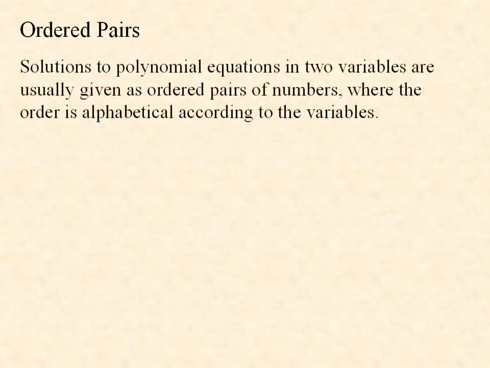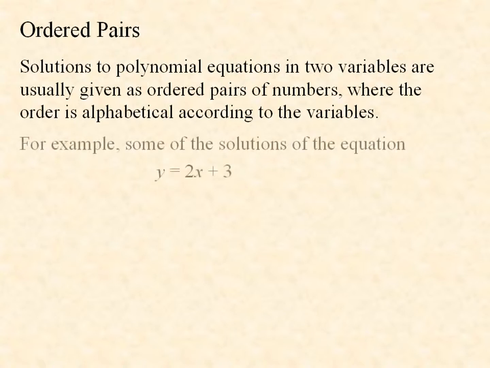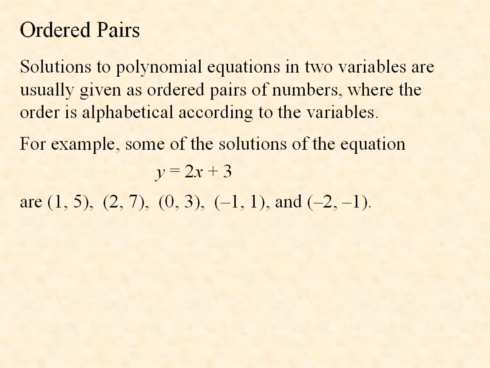Now we consider ordered pairs. Solutions to polynomial equations in two variables are usually given as ordered pairs of numbers, where the order is alphabetical according to the variables. For example, some of the solutions of the equation y equals 2 times x plus 3 are (1, 5), (2, 7), (0, 3), (-1, 1), and (-2, -1).